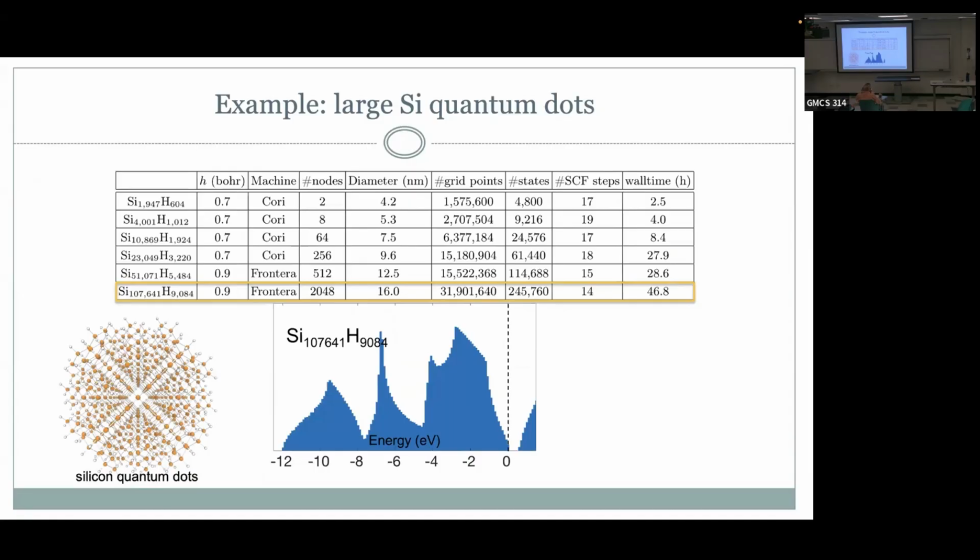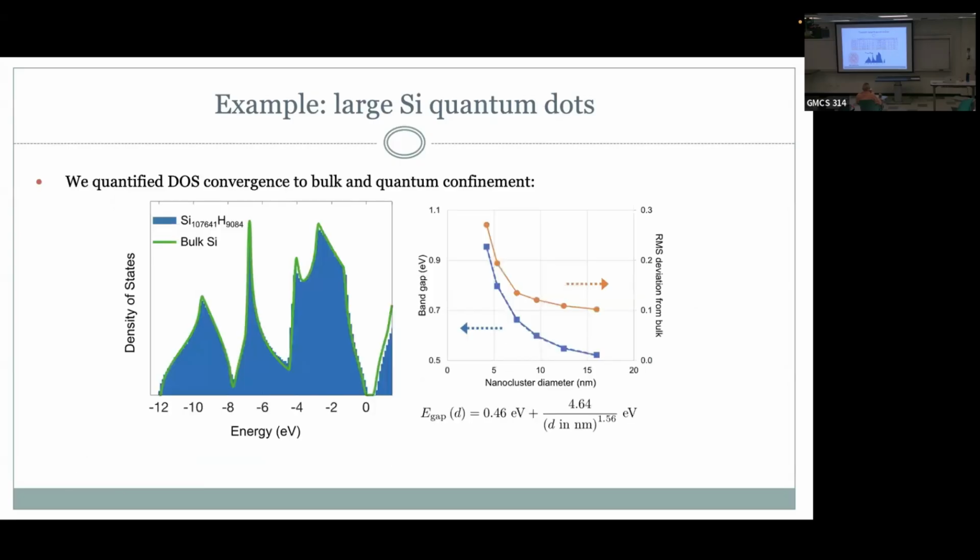For the 200K, we used the whole Frontera machine, which is 8,000 nodes. So we used the entire supercomputer for about 26 hours, I believe, to be able to do 2 CheFSI steps. So this was a very interesting experience, running calculations on a full supercomputer with thousands of nodes.